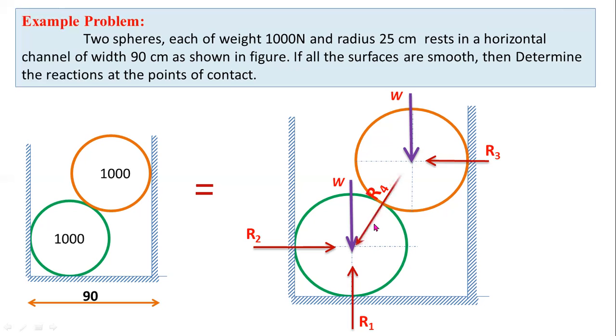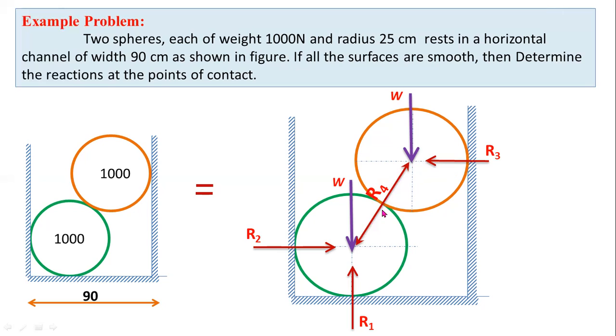So I am showing. Now you have to join these two centers. This is the reaction force R4, the reaction force between these two movable surfaces. For the upper sphere, you have to consider a downward reaction force R4.